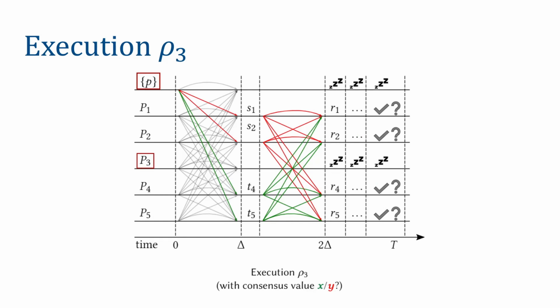To show that the correct processes must eventually decide some value despite not receiving messages from P3, we construct the fifth execution, called row 3. In this execution, the influential process P sends red messages to groups P1 and P2 and green messages to groups P4 and P5. The processes in P3 are Byzantine and stop sending any messages starting from the second round.